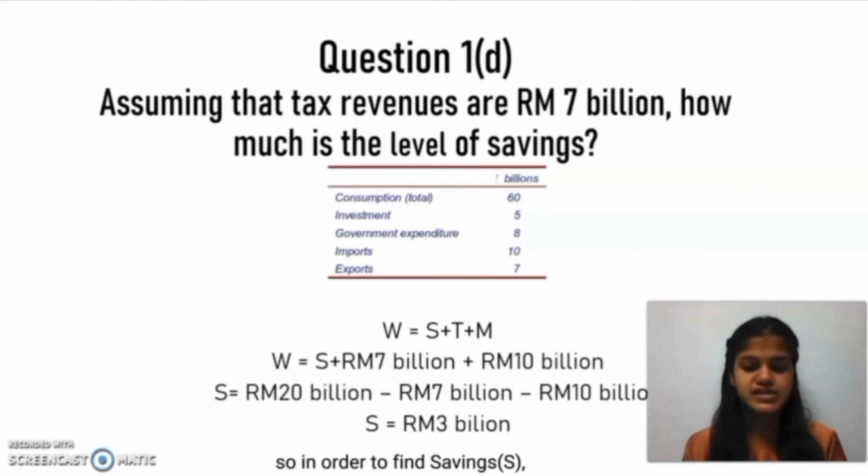So in order to find savings, we have the withdrawals value, which is RM 20 billion, minus RM 7 billion minus RM 10 billion. So the savings is RM 3 billion. So when the tax revenues are RM 7 billion, the level of savings is RM 3 billion.